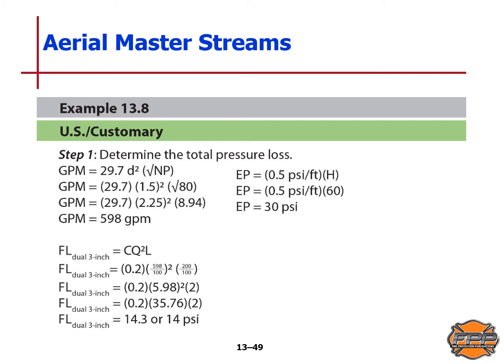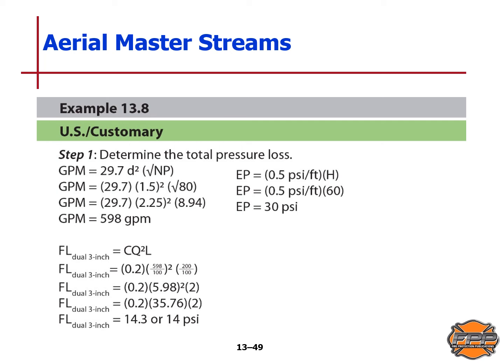Now if we look at the bottom, we have friction loss for dual 3-inch lines, and that is friction loss equals CQ squared L, same familiar formula. So let's plug in the numbers. Friction loss for the dual 3-inch is 0.2 times 598 over 100 squared times 200 over 100.